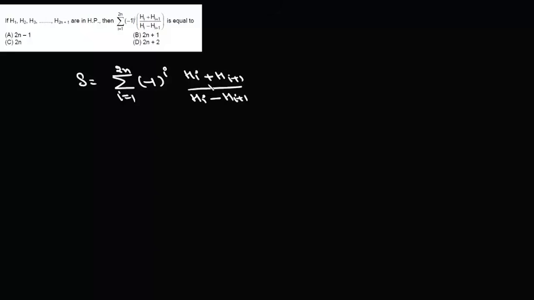Now what we'll do is, we'll divide numerator and denominator by h_i h_(i+1). So we can write this summation as summation i varies from 1 to 2n of (minus 1) to the power i times (1 upon h_(i+1) plus 1 upon h_i) upon (1 upon h_(i+1) minus 1 upon h_i).